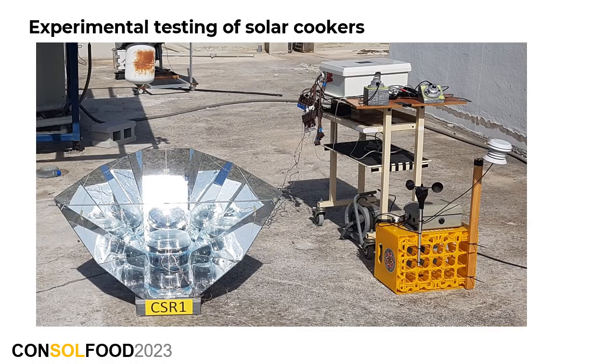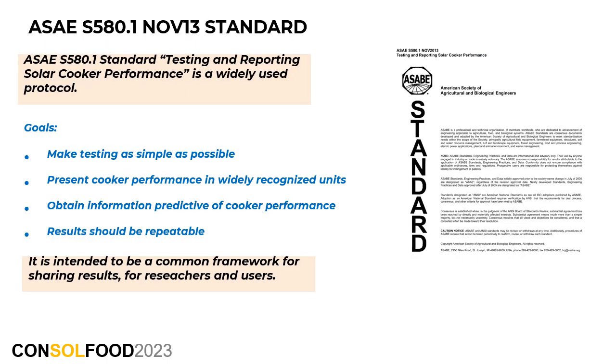Experimental testing of solar cookers is important to rate their performance. In the picture we can see the testing of a funnel solar cooker at the University of Malaga, Spain. One of the most widely used protocols is the ASAE S580.1 Standard, testing and reporting solar cooker performance.